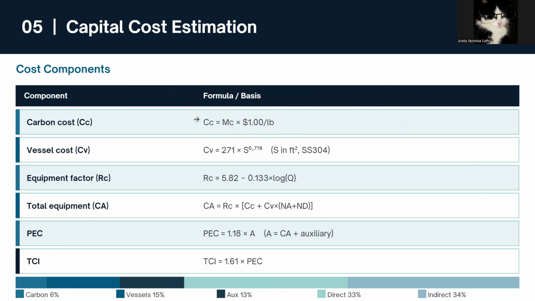Then the equipment factor, this one, accounts for fans, pumps, condenser, and decanter. Then this one is for the total equipment, this one is for the purchased equipment cost, and this one is also for the total capital investment.